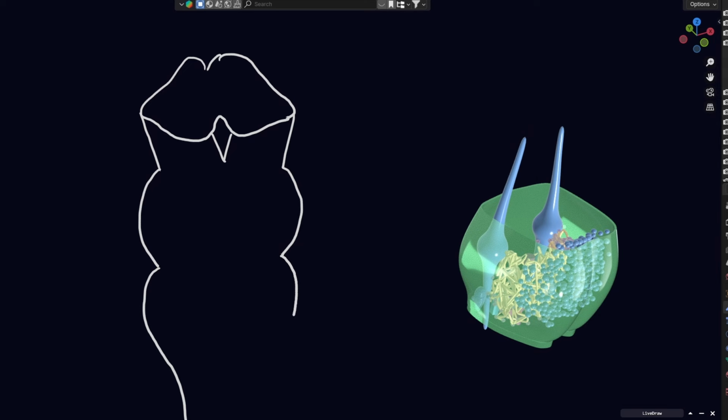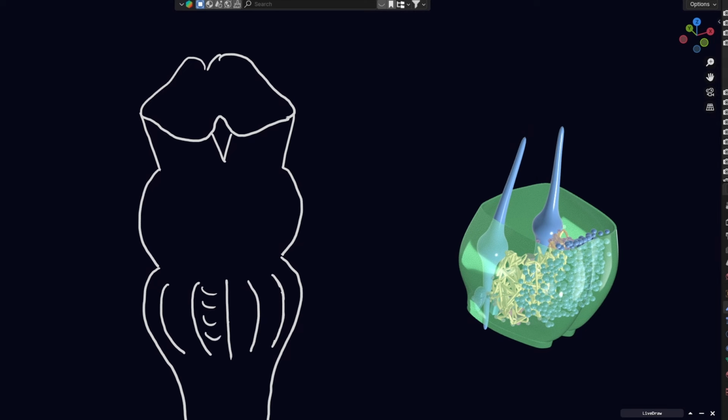In the medulla we have the mid part here, then we have the pyramid here, and then we have the olive here. So this is the pyramid, here as well, and this is the olive, this as well.